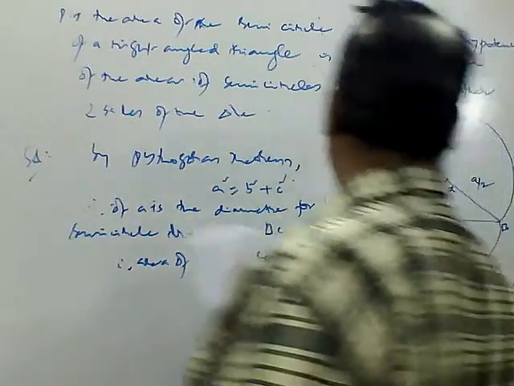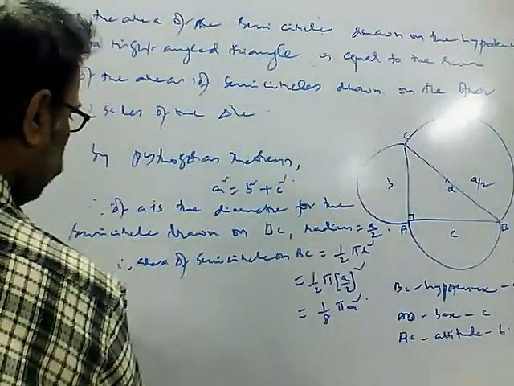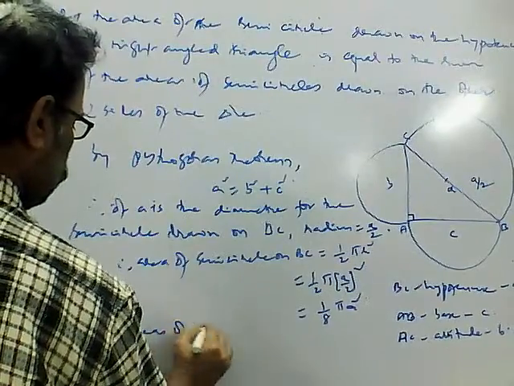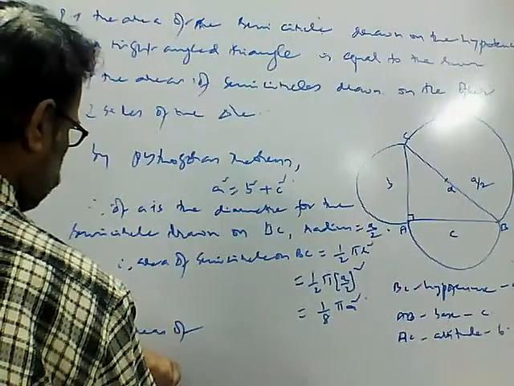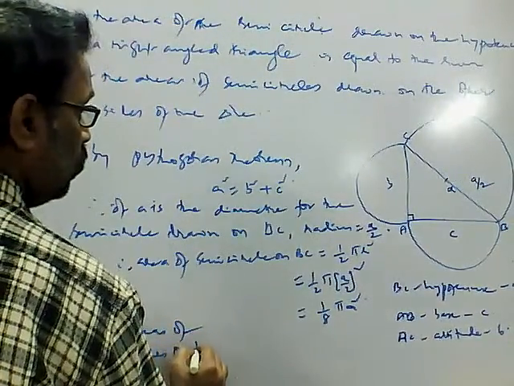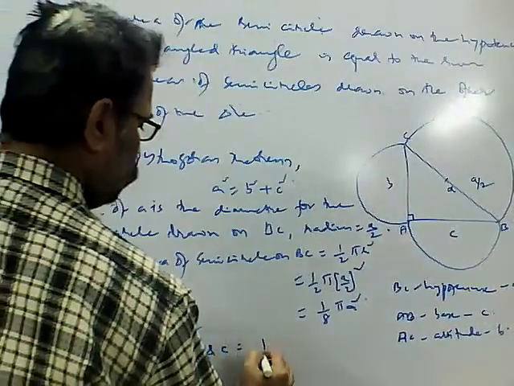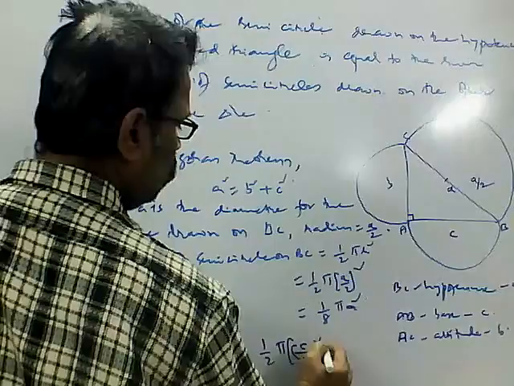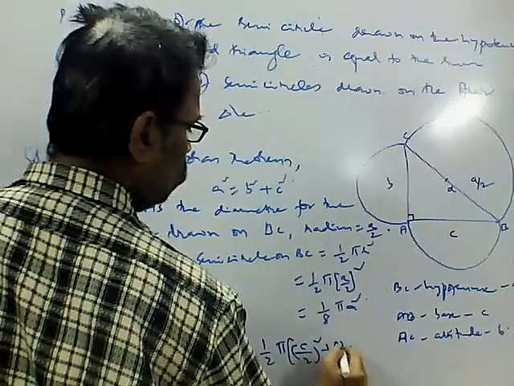So the sum of the areas of the semicircles on B and C is equal to half pi into C by 2 whole square plus B by 2 whole square.